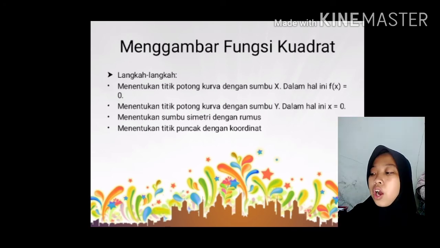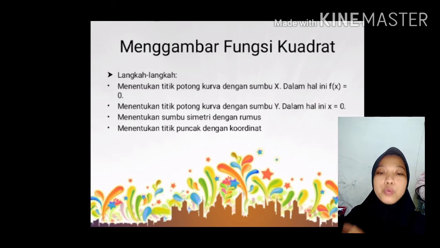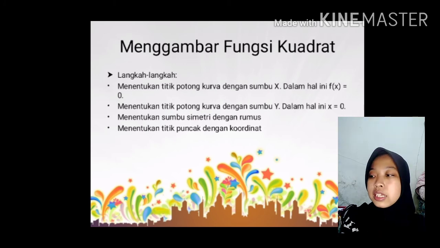Next is drawing a quadratic function. Drawing a quadratic function has 4 steps. The first step is to determine the intersection point of the curve with the x-axis, in this case f(x) is 0.